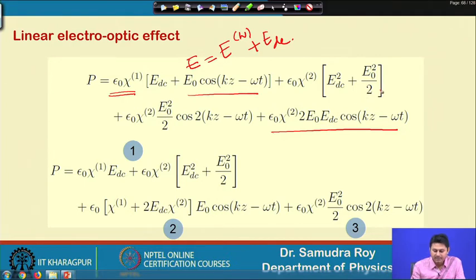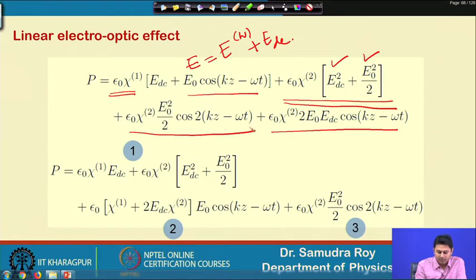Then I take common all the terms which do not depend on the frequency. So, this is the term where the E_DC square term is there, and E0 divided by 2 term is also there, because both terms do not depend on frequency. So, this is the term with no frequency dependence, and then we have one term where the frequency is 2 omega.